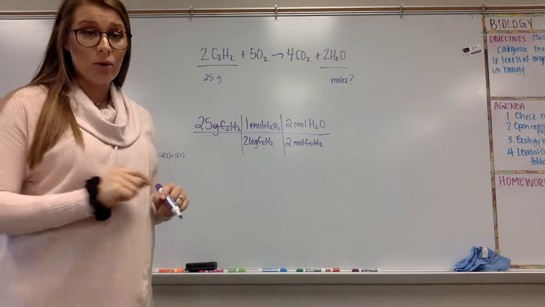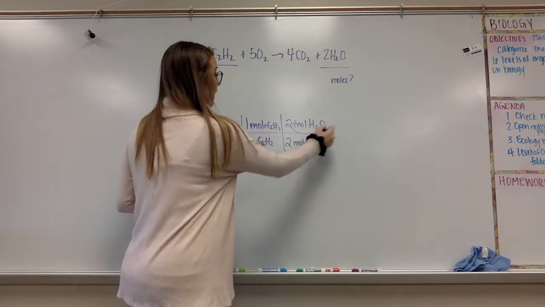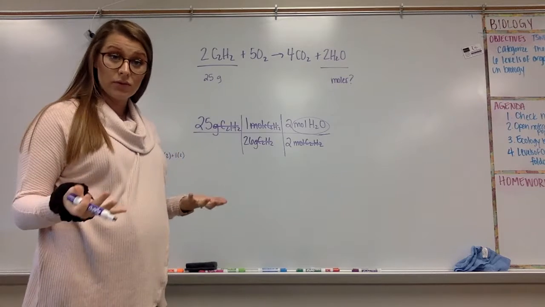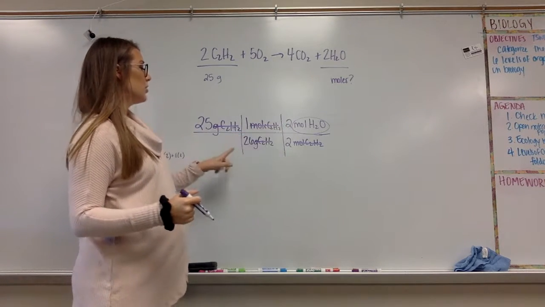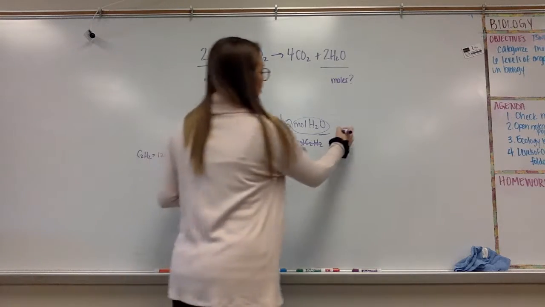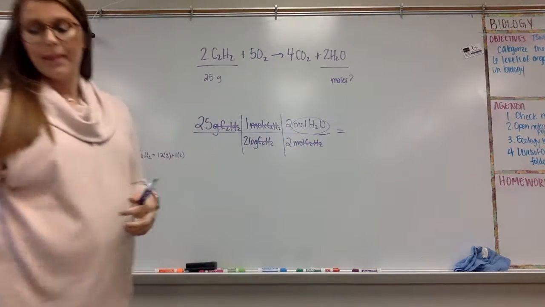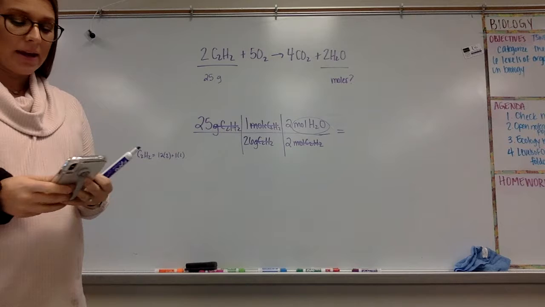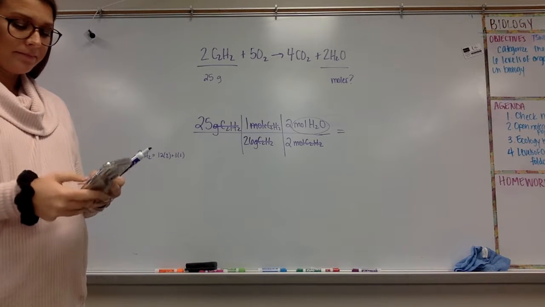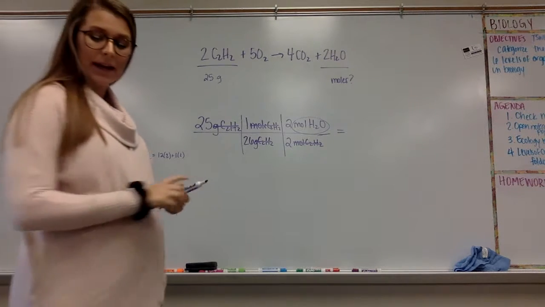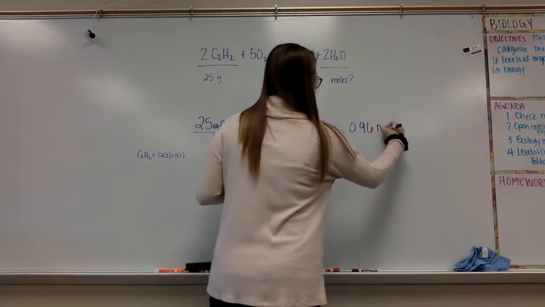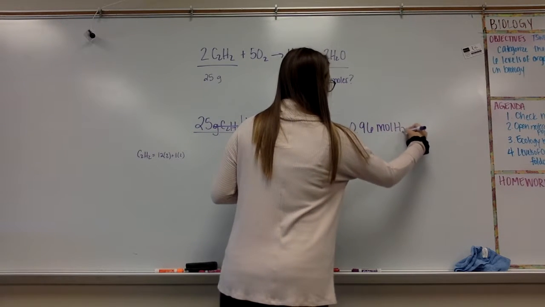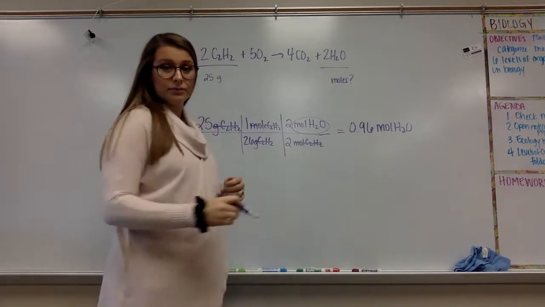So we were asked to find moles of water, and we are left in this problem with moles of water so that we know that we did that right. So we're going to take 25 times 2 divided by 26 times 2. Final answer should be 0.96. And label it moles of water.